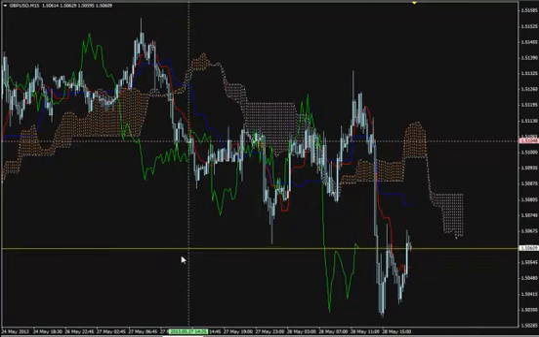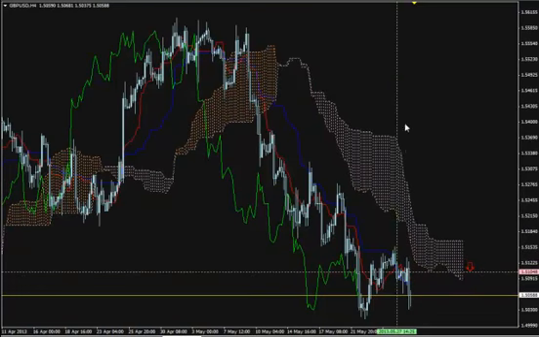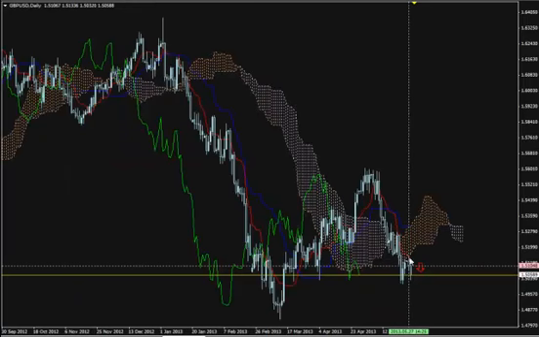So the pair is on a bearish move after a range-bound move, an upward move for a while. It continued falling, and you see this line here, it's the line where we gave our short entry signal earlier, and this vertical line shows the exact point where we entered yesterday.